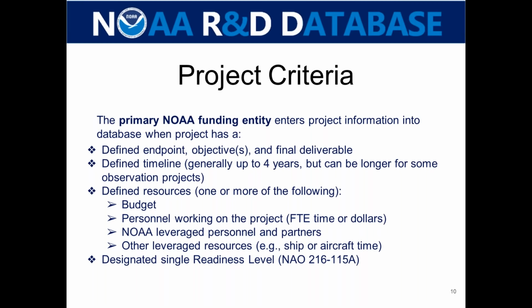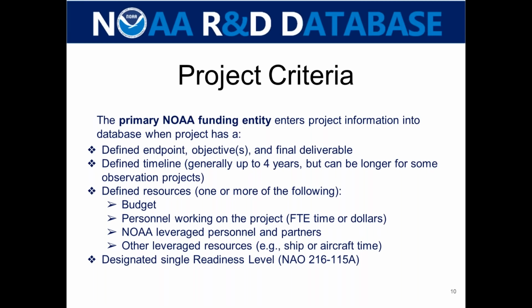We know how much partnership and collaboration goes on at NOAA, and so we had to make a decision. Either we could choose to have the people executing, so maybe the main PI entering, or we could have the main funder. But we had to decide, because no matter which way you do it, you're going to have some missed projects or overlap.